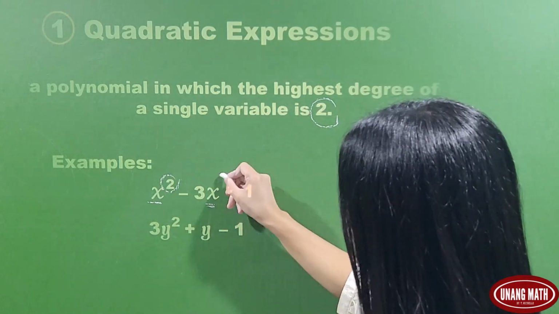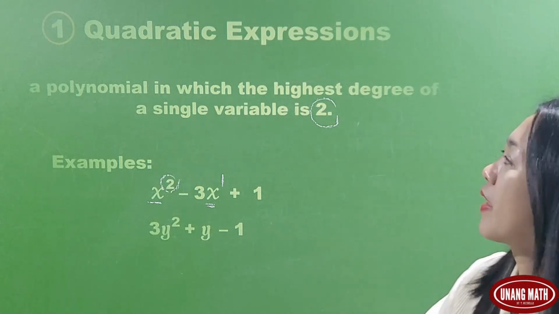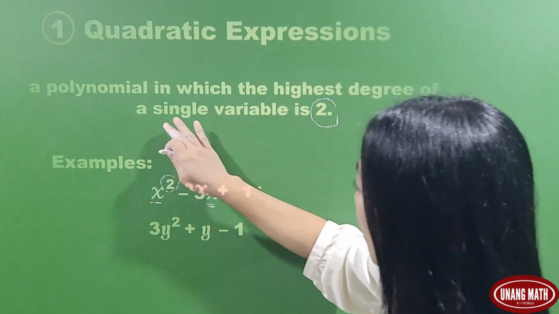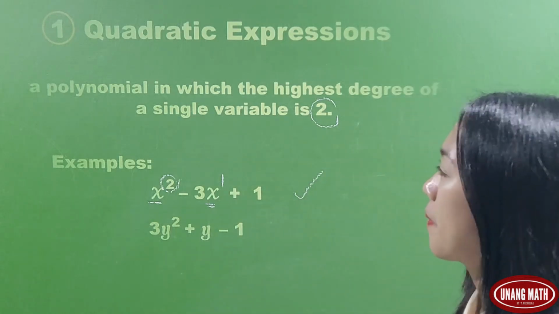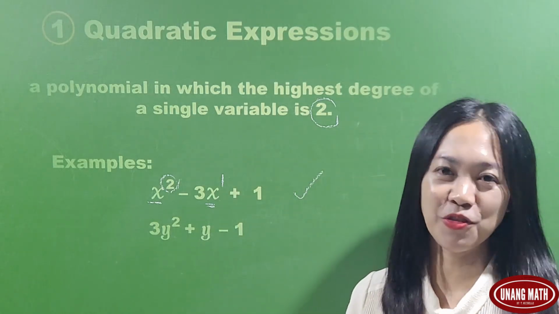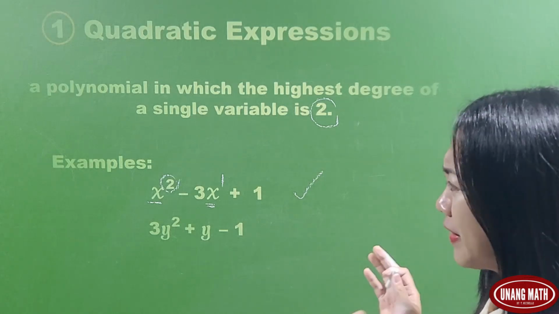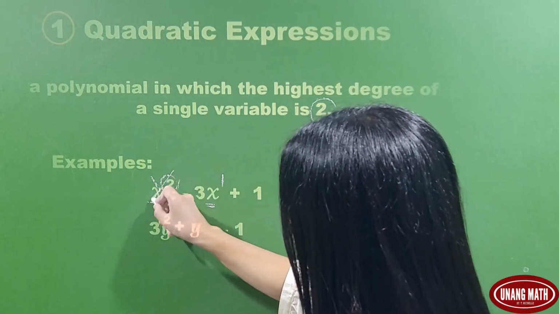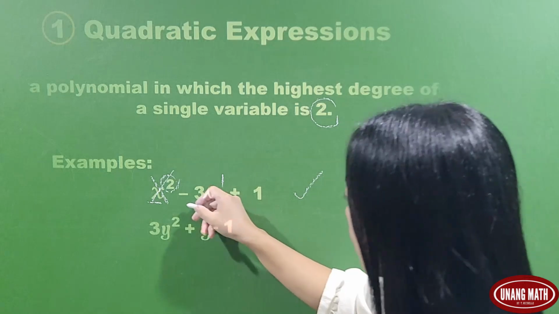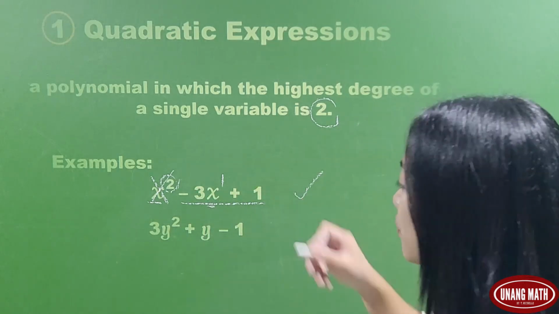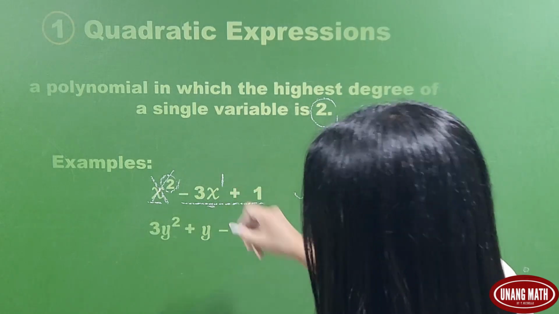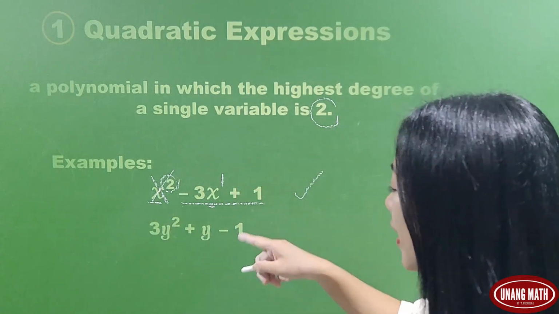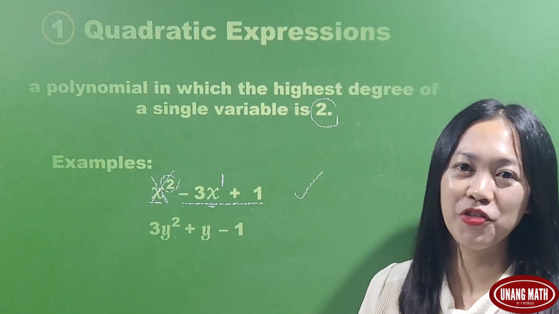This variable x has an exponent 1. The highest degree of a single variable is 2, so this is an example of a quadratic expression. But if we remove x raised to the power of 2 and we only have negative 3x plus 1, since this variable x has an exponent 1, then this expression is a linear expression.